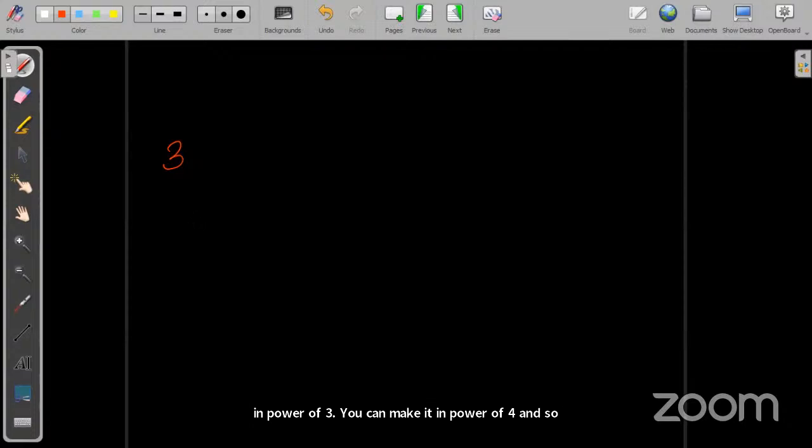In powers of 2, that's why it is called binary. And hexadecimal means it is in powers of 16. So now the question is in powers of 16, and we need to look at 11.